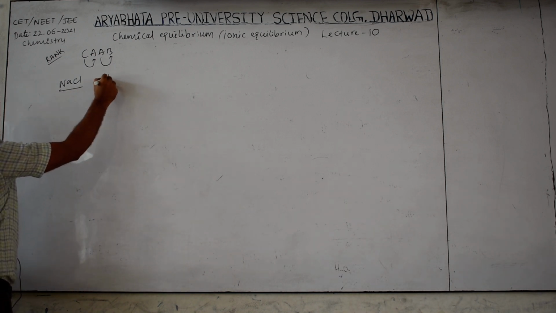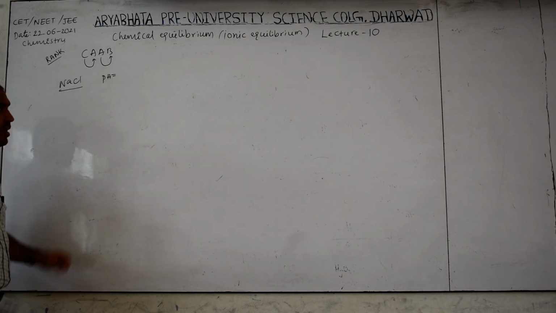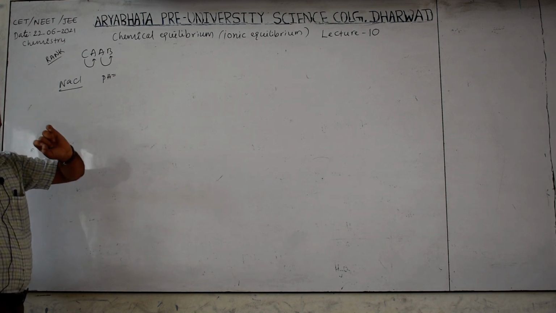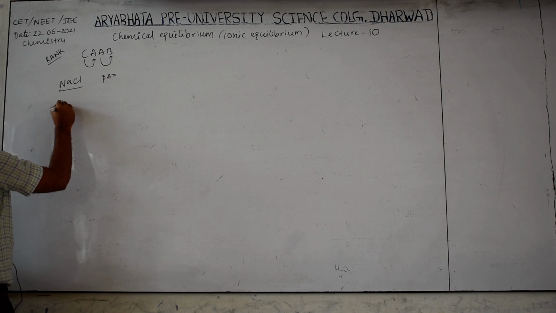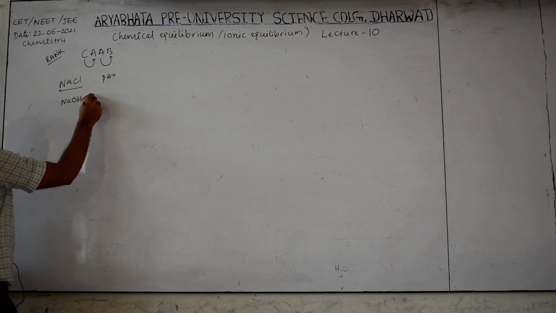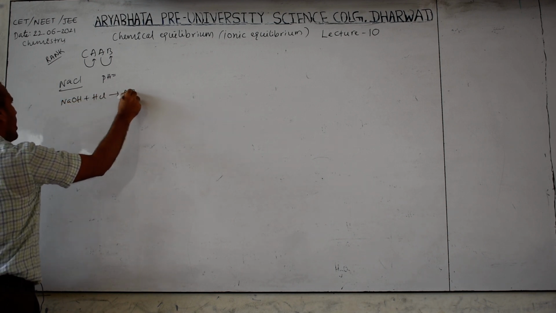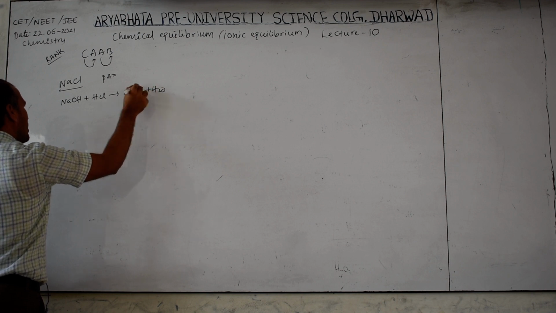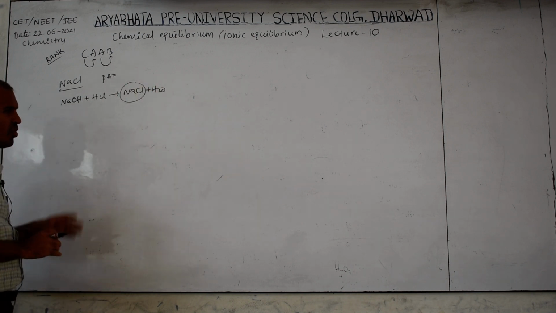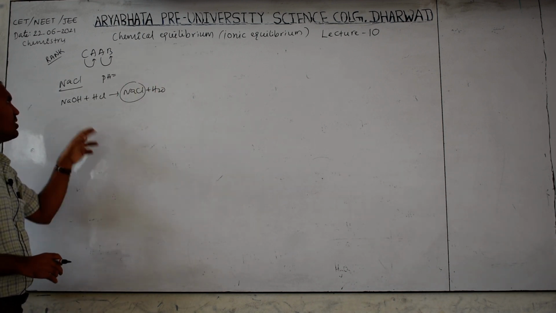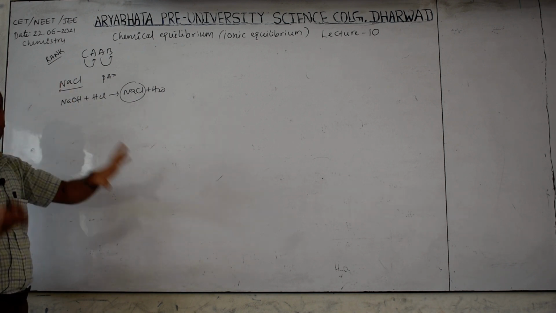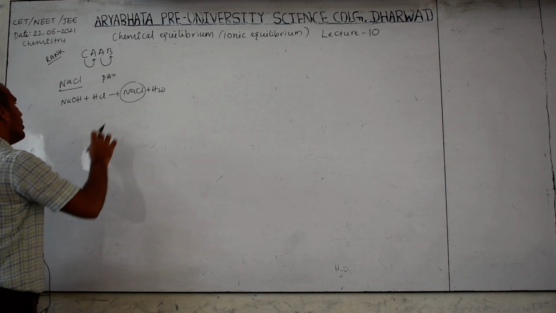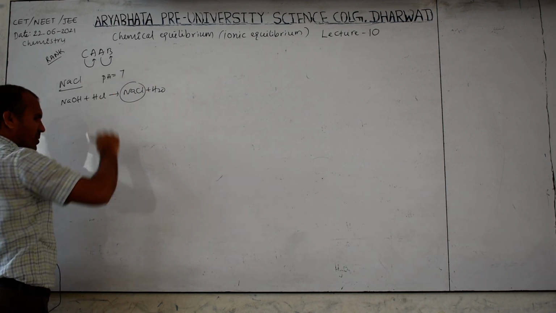What is the pH of this? This salt is formed by NaOH plus HCl combining to form NaCl plus H2O. It is a salt of strong acid and strong base. It does not hydrolyze, therefore the pH is neutral, that is 7.